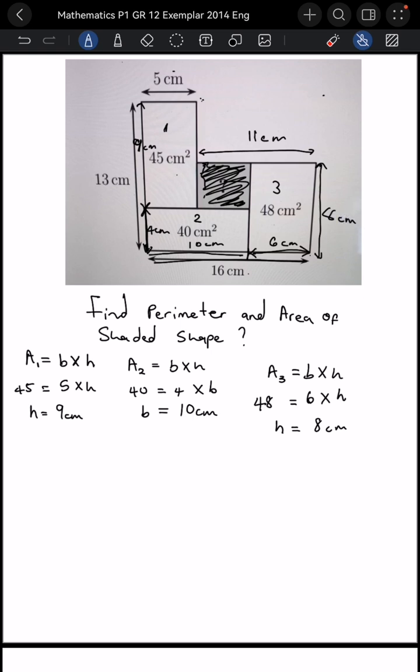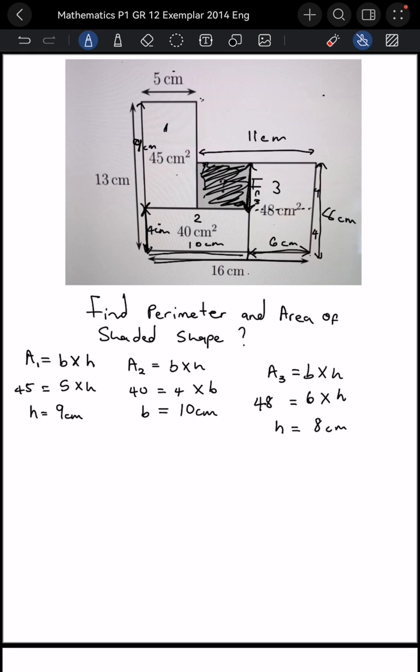And then we say, remember that this is a 4. If we push it further, this here is going to be a 4 and that there is going to be a 4, which means this side of the shaded area is going to be 4 centimeter, which is the height of the shaded area.